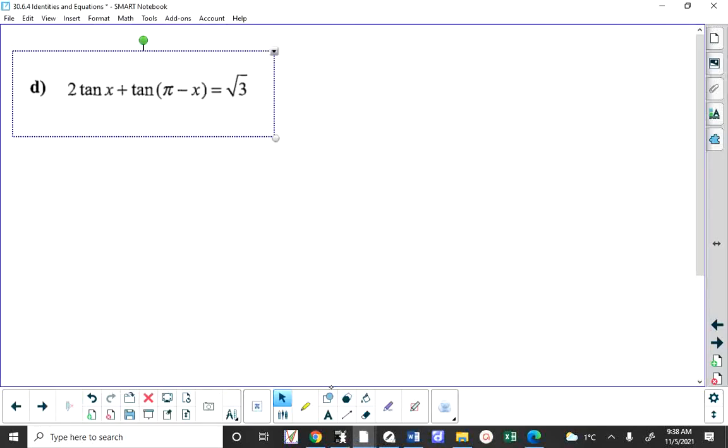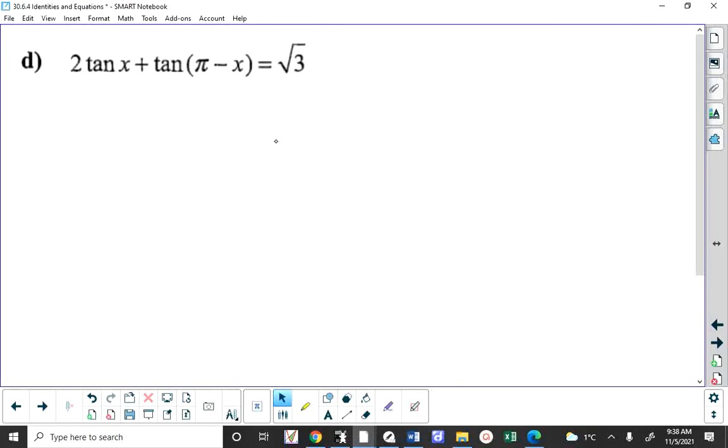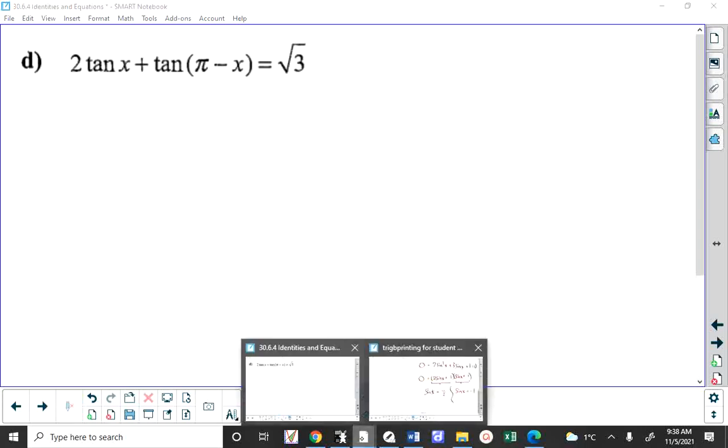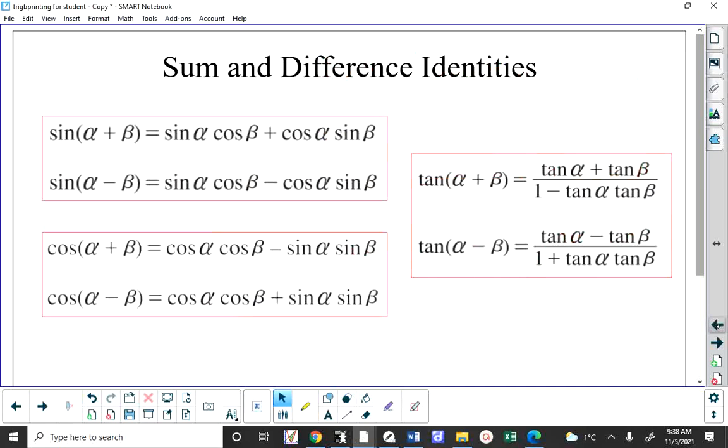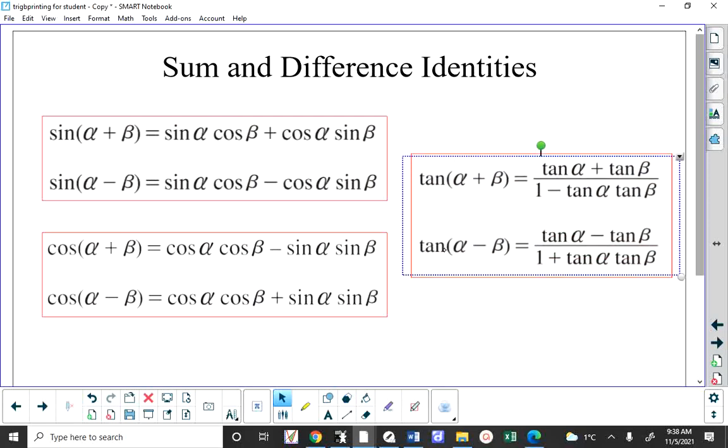It looks like what we're going to have to do is apply the difference identity for tangent to tangent of pi minus x. Okay? So when we take a look at that difference identity for tangent, it is tangent of a minus b equals tangent of a minus tangent of b over 1 plus tan a tan b. All right?